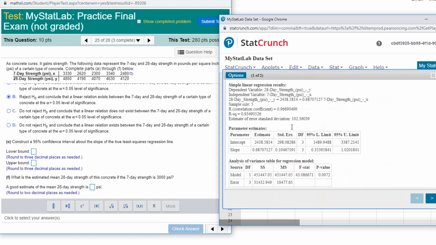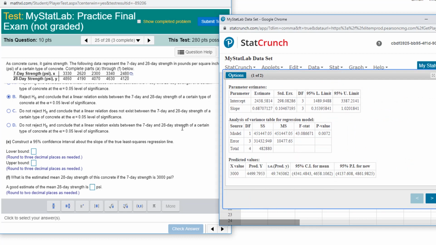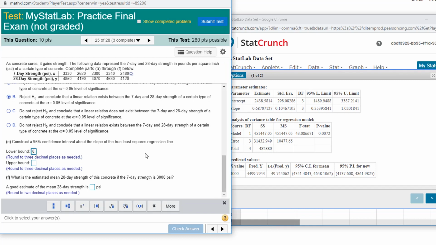You can see the slope has a 95% confidence interval lower bound of 0.354. I have to round to 3 decimal places. The upper bound was 1.020.